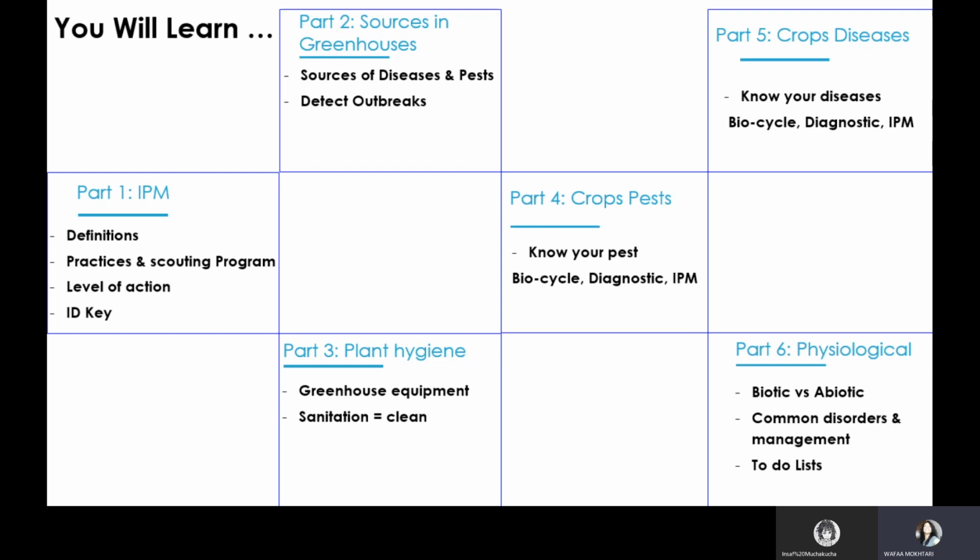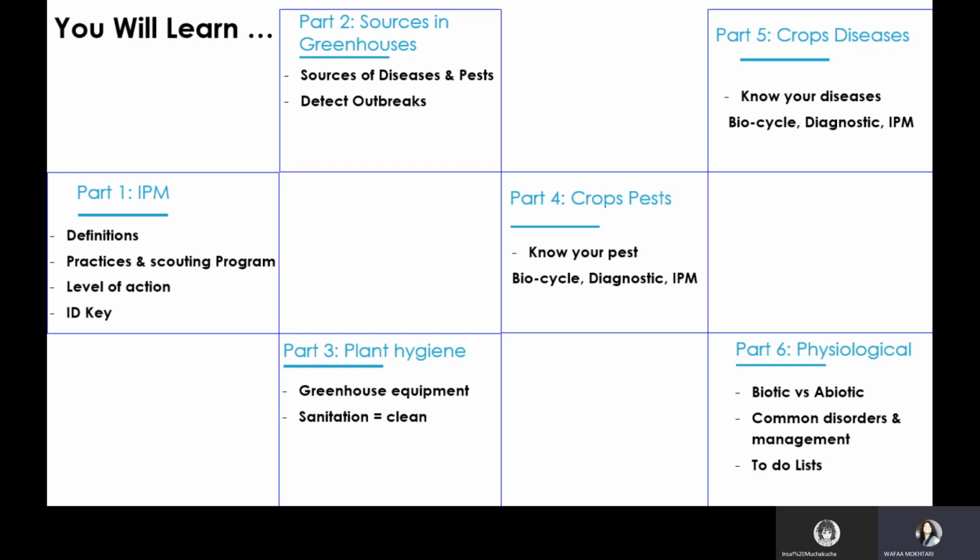In part 6, it will be about physiological disorders. Sometimes it is not about something living. It is not about a pest. It is not about a pathogen that will attack your plant or your crop. It is about something missing. Maybe you did not water well. Maybe you did not put enough nitrogen, or you put much more nitrogen.